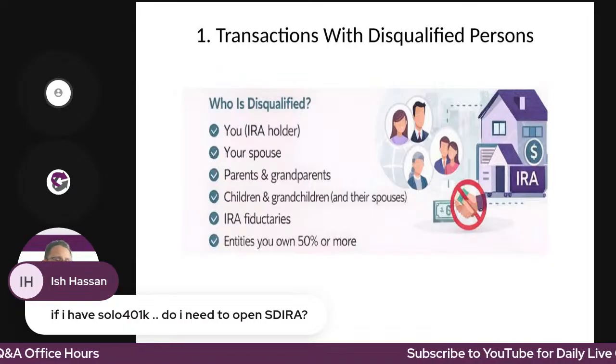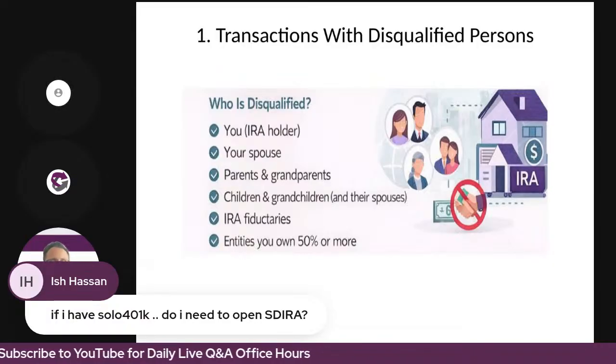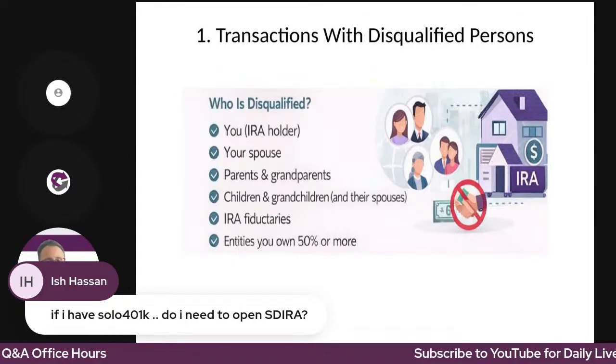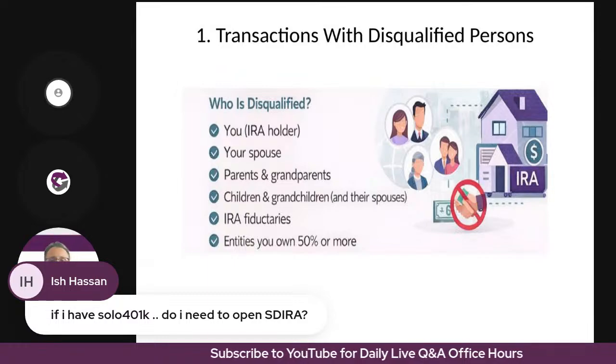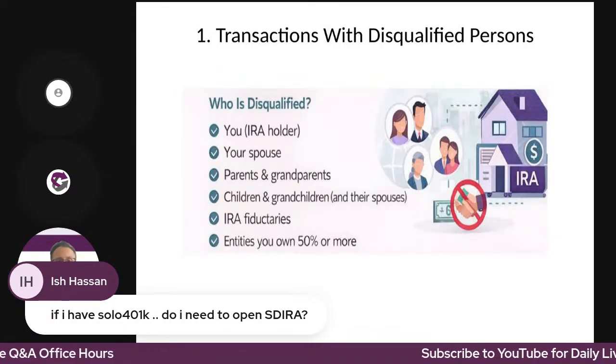In some cases, you actually do need both a solo 401k and a self-directed IRA. For example, let's say you have a Roth IRA and you want to self-direct that Roth IRA. Well, the solo 401k allows for Roth solo 401k funds.